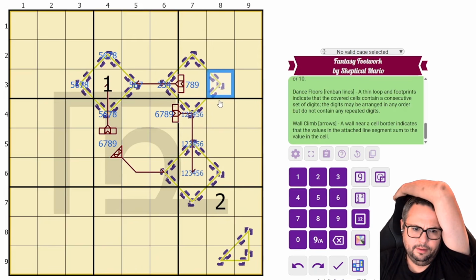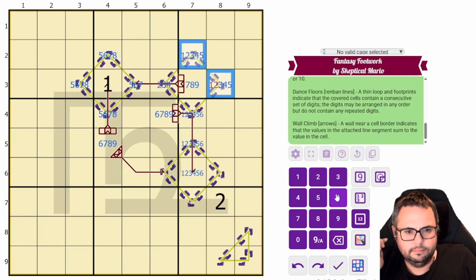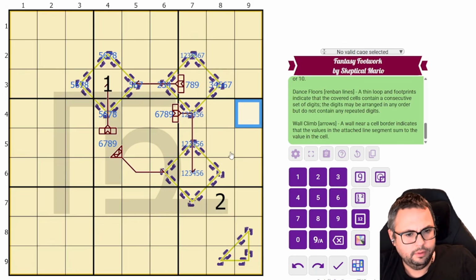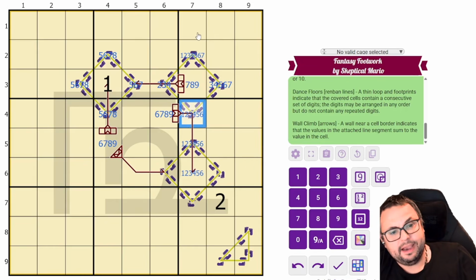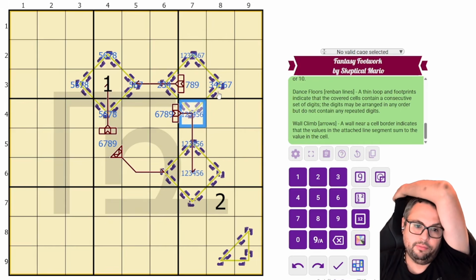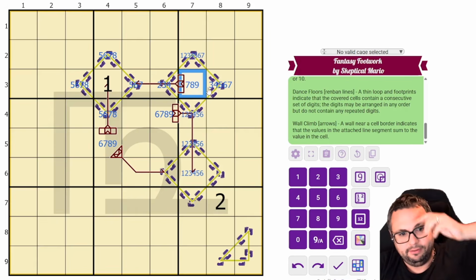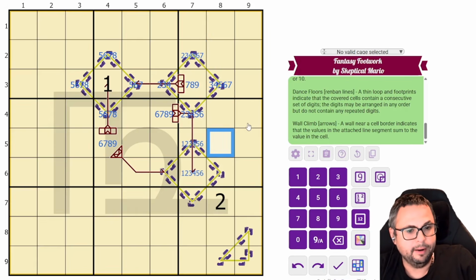This one's not a 1 or a 2. This Renban definitely can't have a 1 on it, because if it had a 1 on it, it would have a 1, 2, and 3 on it, and it can't have whatever number adds to 10 with this number on it. So we can restrict 1 from there.